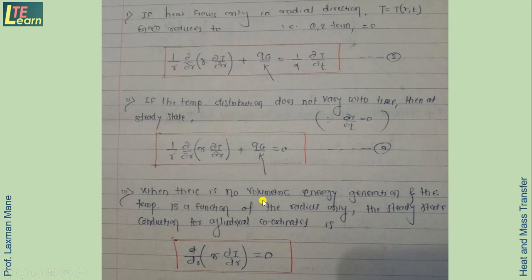And when there is no volumetric energy generation and the temperature is a function of radius only, in steady state for cylindrical coordinates, only d by dr of r dT by dr equal to 0 will remain.